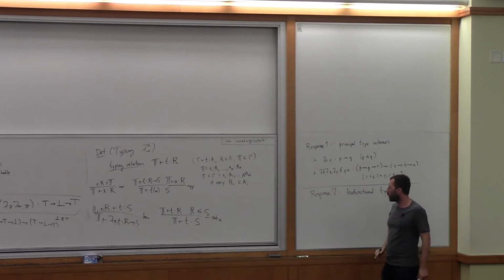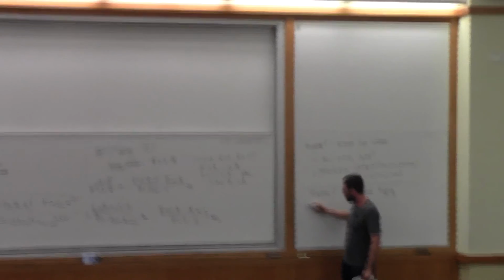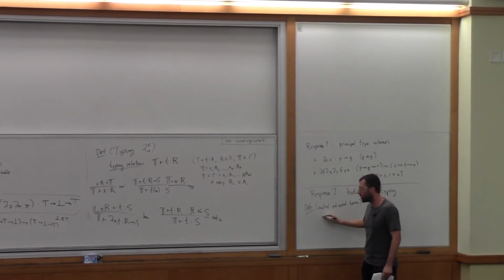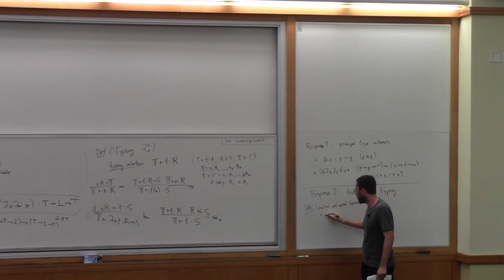And so I want to recall for you the definition of so-called neutral and normal terms in lambda calculus. This is just a classification that shows up, and I'm going to define the properties of being neutral and normal. Variables are neutral.